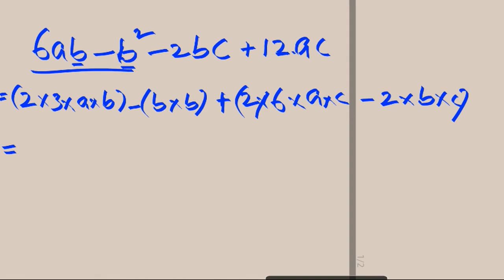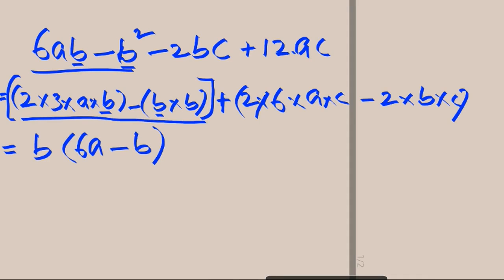But I select only these 2 terms first. Only one b is common, just take out b common. Then after b, 2 3s are 6a is left, minus here only one b is left. So b into 6a minus b for these 2 terms, over.